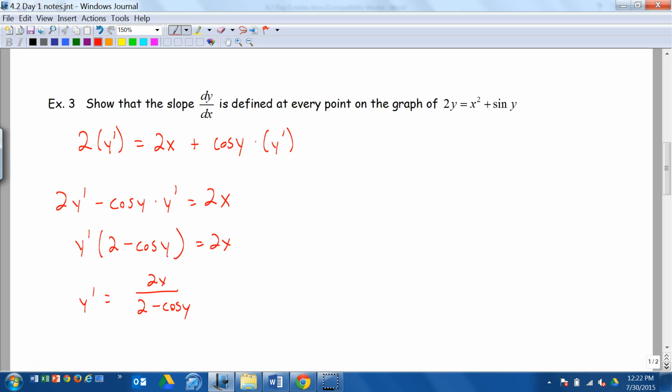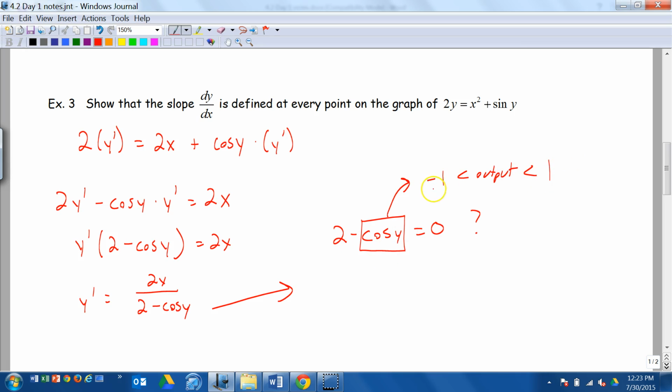Well, in order for it not to be defined, the bottom has to equal 0 somehow. So the question is, is there ever a spot where 2 minus cosine of y equals 0? And the answer to that is no, because you should know what values you get for cosine of y. The outputs of this, actually, the range, we would get values from -1 to 1.